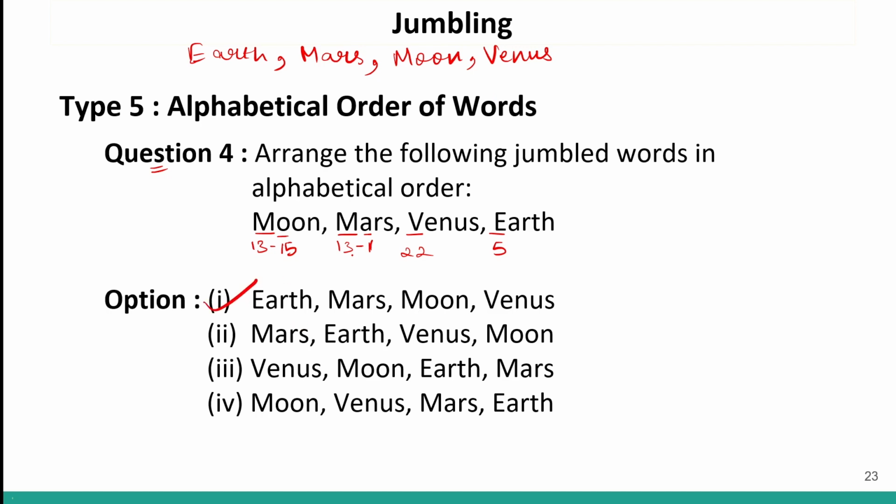So what we did is, first we looked at the first letters, and if we had confusion, if the first letters were same, then we move on to the next letters until the letters finish. Okay, so if we have something like, let's say, river and rivers, which will come first?